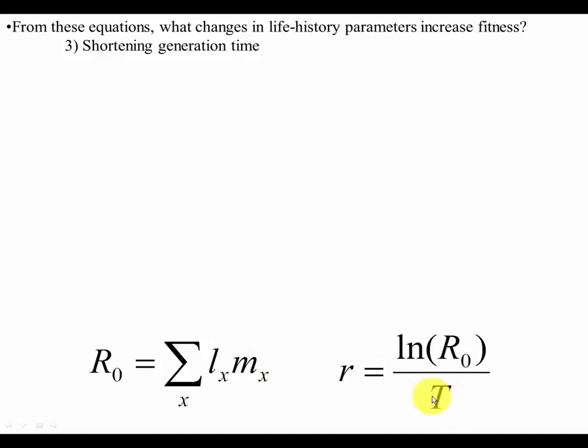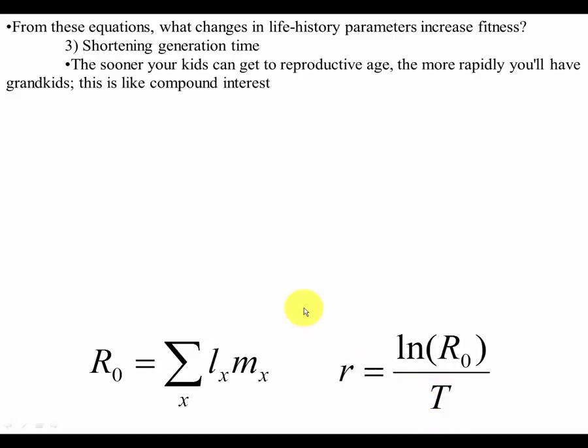You don't take the natural log of t, the generation time. Mathematically, that means when you change t by 10%, it has a much bigger impact on little r than if you were to change survivorship or fecundity by 10%. In other words, little changes here matter more.